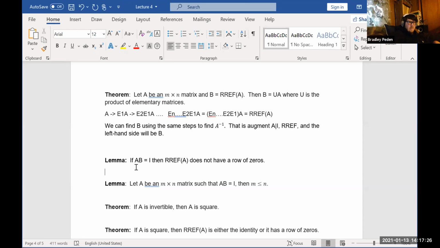So they both have to be true. AB and BA both have to be the identity. But AB equals the identity could happen. They might be inverses, they may not be. But if AB is the identity, then RREF of A does not have a row of zeros. Why is that true?